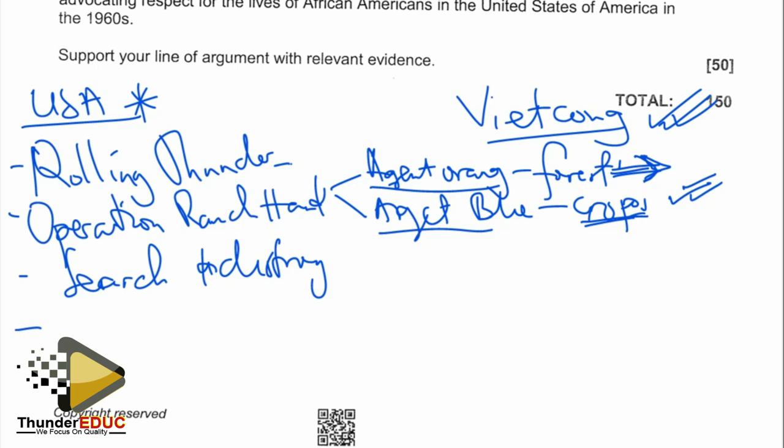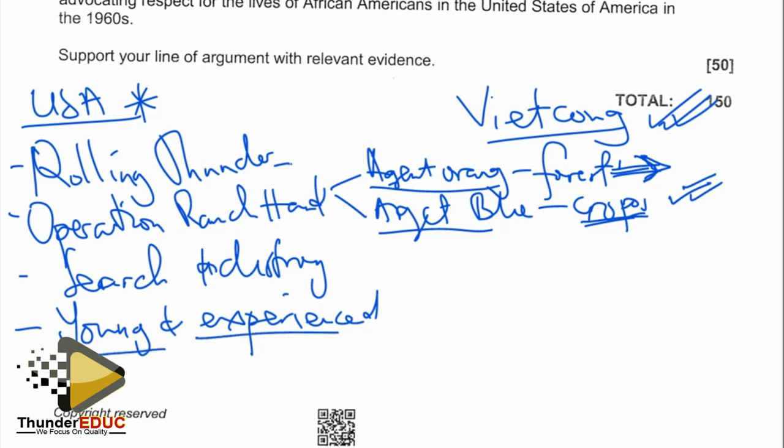Then you can also check on the American strategy that they used, or you can criticize them for sending young and inexperienced soldiers. The Americans were undermining the Viet Cong and sent young and inexperienced soldiers. These soldiers were heavily defeated and embarrassed in Vietnam, and America at the end could not win using such a tactic.